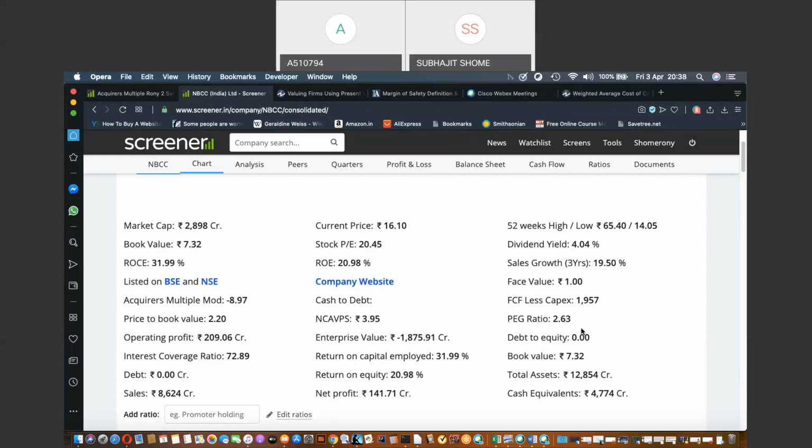So WACC is cost of equity into equity divided by debt plus equity, plus the debt term. In this case the second part will be zero because debt is zero.